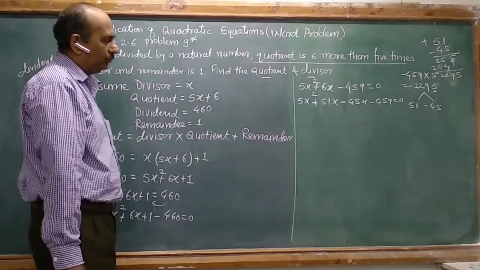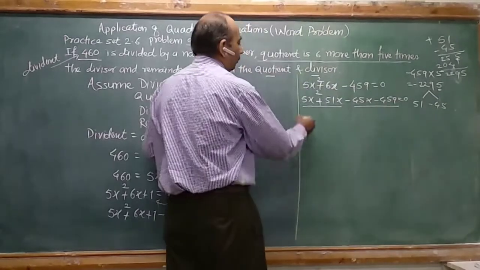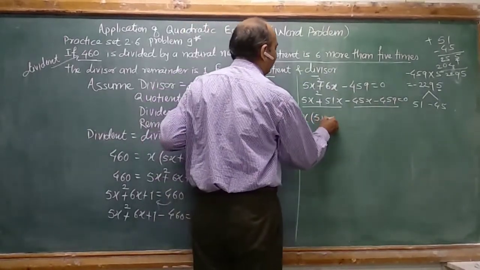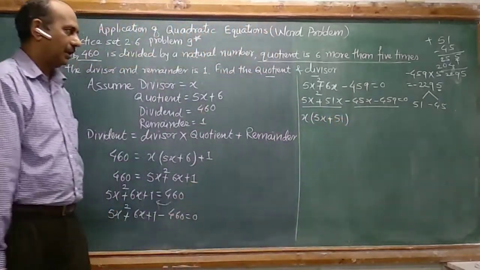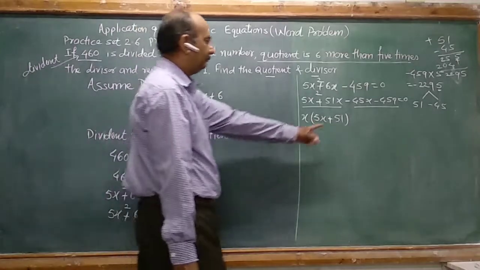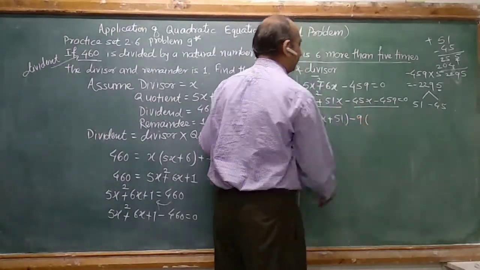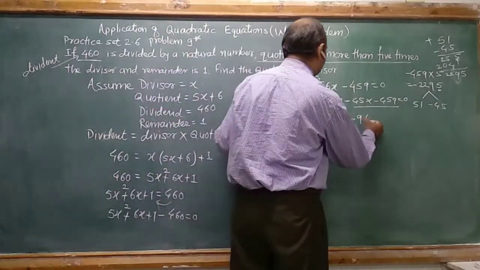Now, what you will do? Make a pairing of these two. Remove x as common, so x into 5x plus 51. Now here remove 9 as common.